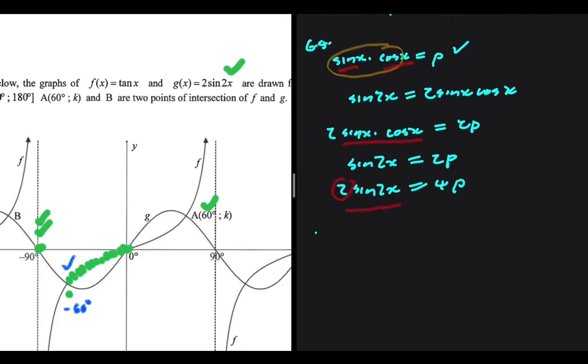So we can say that 4p can be equal to 2, and 4p can also be equal to minus 2. We know that this is true at some point because 2 sine of 2x has a maximum of 2 and a minimum of minus 2. So p is equal to 1 divided by 2, or p is equal to minus 1 divided by 2.